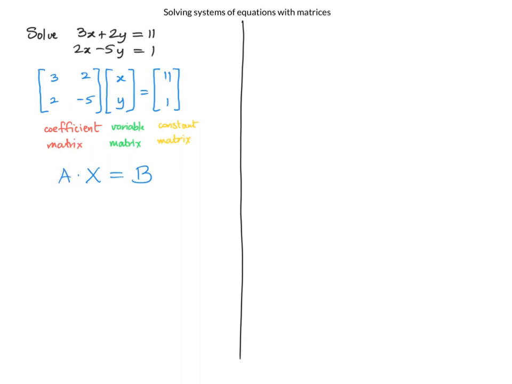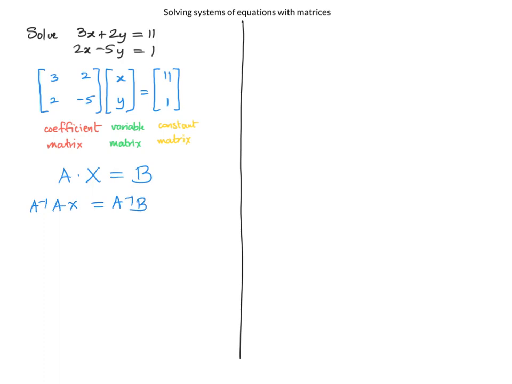Matrix multiplication has to be done in an appropriate order, and if I want the A to disappear, I need to make sure A inverse gets multiplied from the left-hand side. So it's going to be A inverse on the left here, and A inverse on the left here, because I'm basically left multiplying by A inverse.